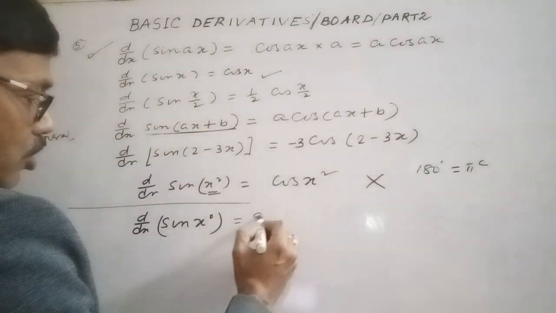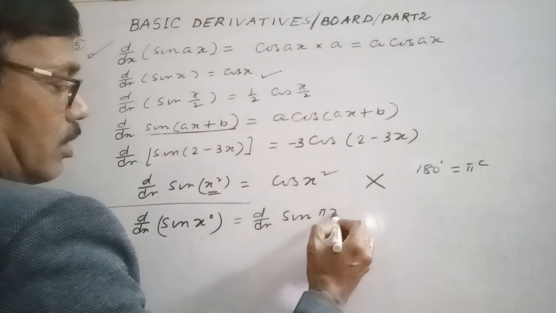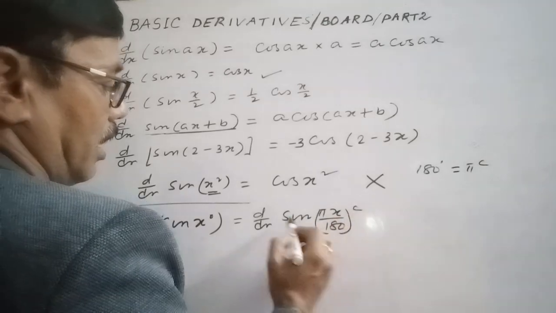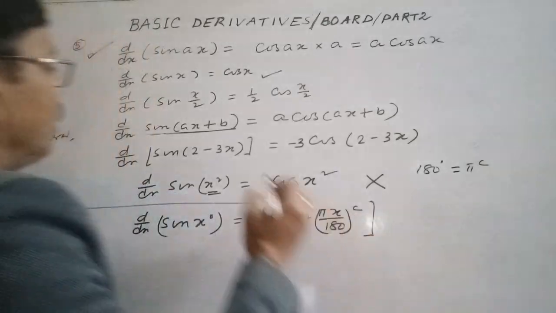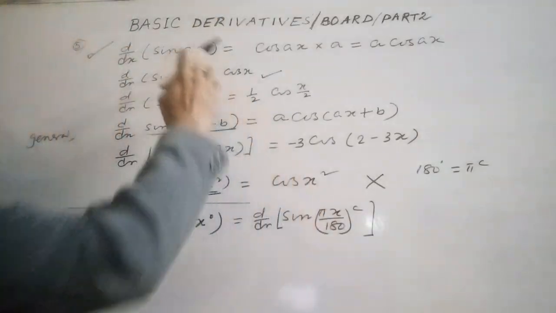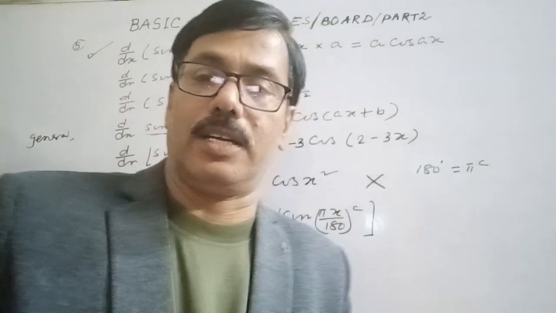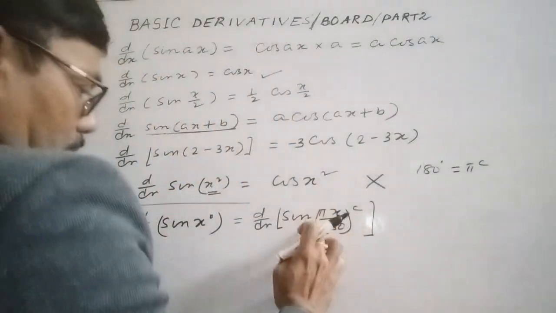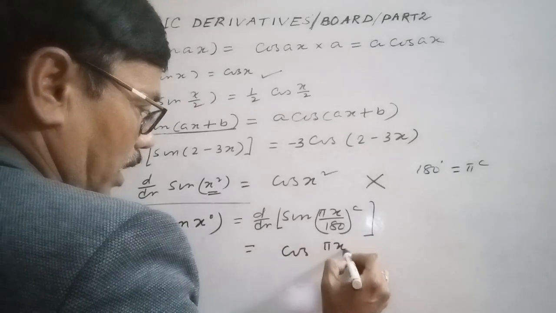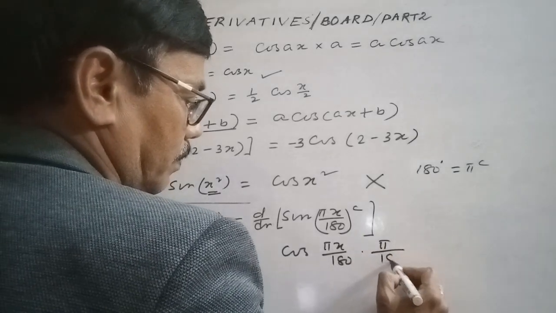So what is x degree? d dx of sine x degree means pi x by 180 radian. We can omit it, here it is omitted, but it is measured in radian. If no symbol is given, you suppose it is radian. Now this is linear, so derivative of sine is cos pi x by 180 into coefficient of x.